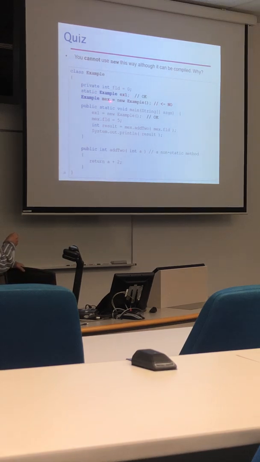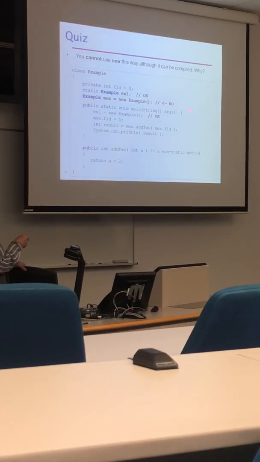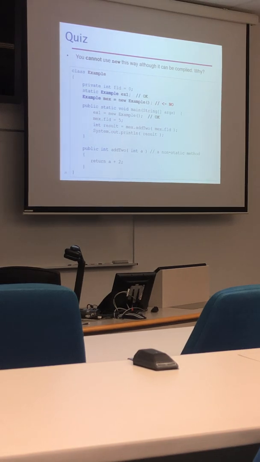If you attempt to construct an object at the class level, the Java compiler will give you some error message, maybe during runtime or sometimes at compile time, depending on at which stage you want to access the information. So ideally, if you declare a static variable Example ex1, you try to initialize it inside the main method. For example, I say ex1 equal to new Example inside the main method.